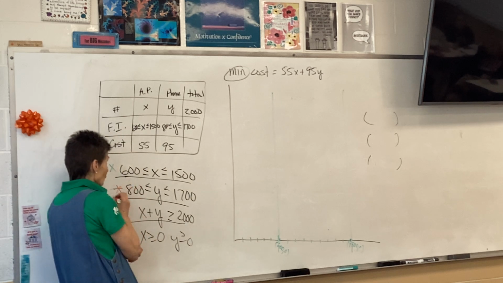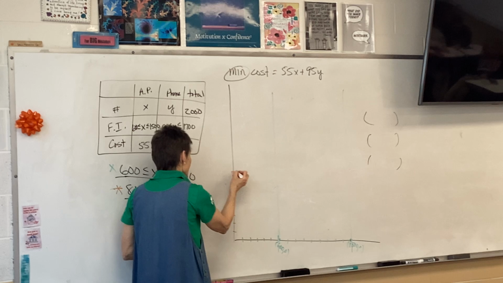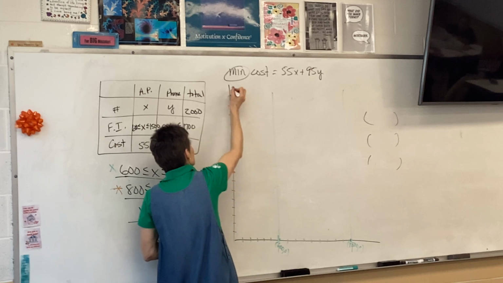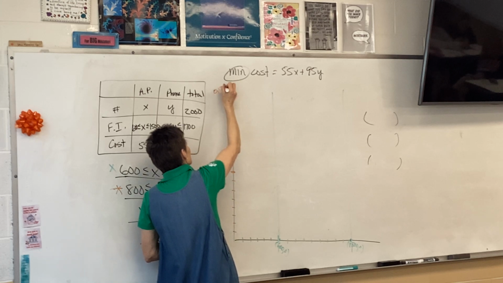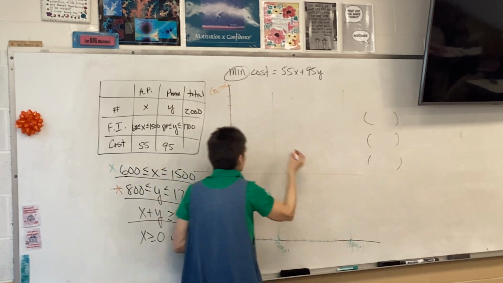Here we go, let's do the Y's. 1, 2, 3, 4, 5, 6, 7. Here's 8. 9, 10, 11, 12, 13, 14, 15, 16, 17. These hash marks go this way.